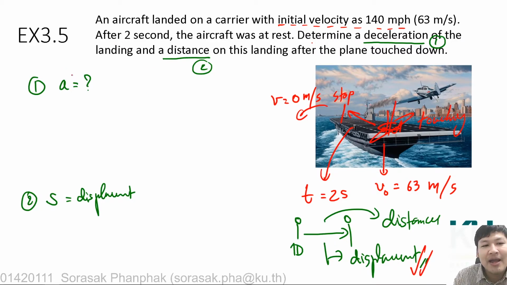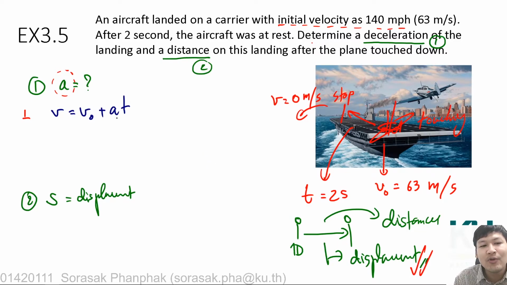If you would like to determine the deceleration, how to find it? Think about the four main equations. Is there any equation related to the terminal velocity, initial velocity, and time, where you would like to know the acceleration? Yes, the first one, right? V equals V0 plus AT.